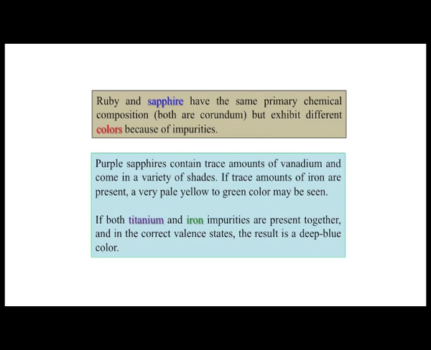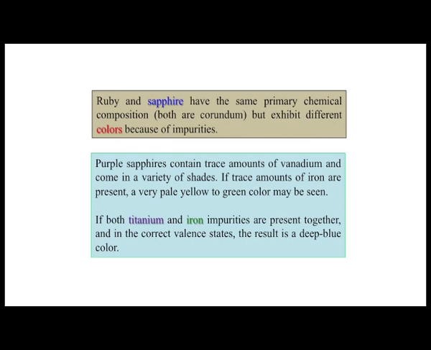So, what is purple in color? The sapphire one is purple, where instead of chromium as in ruby we have vanadium, and it can come in different shades depending upon the distortion, and sometimes you can have some iron also present, and you can have pale yellow to green in color.